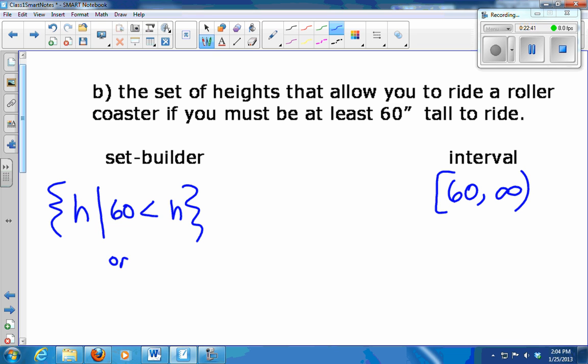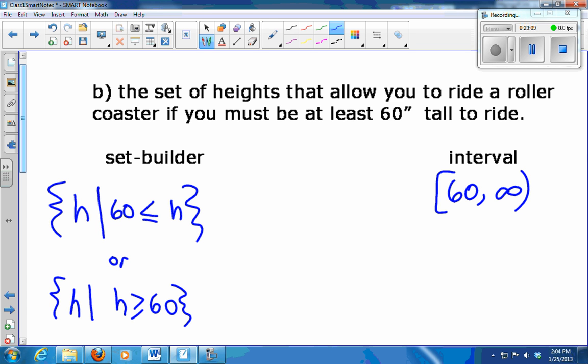Or it might make sense to say the set of all h such that h is bigger than 60 instead of 60 is less than h. Or equal, yes, thank you. So this can get confusing sometimes for some people when you change the order.